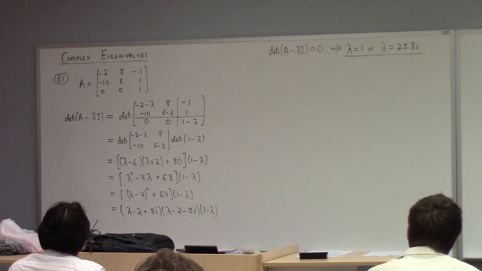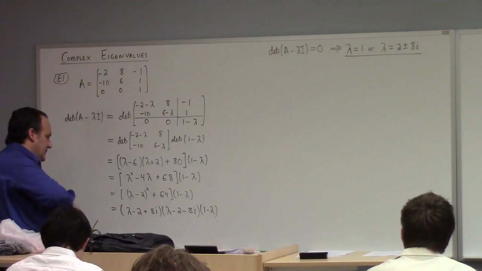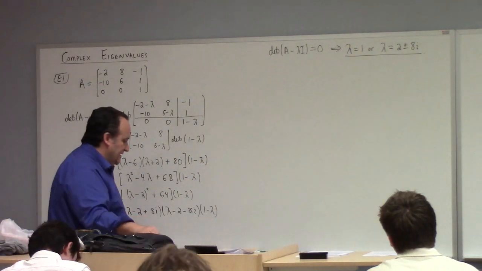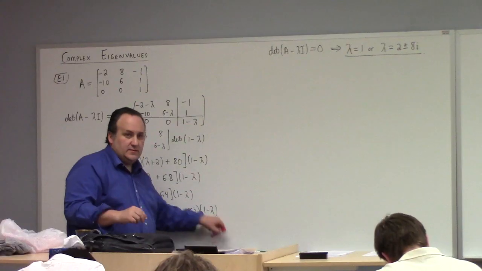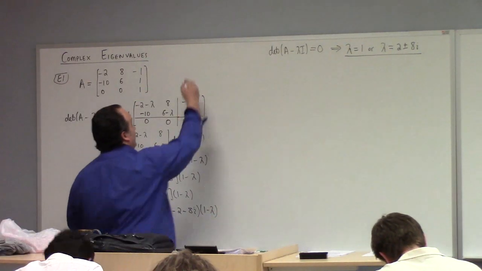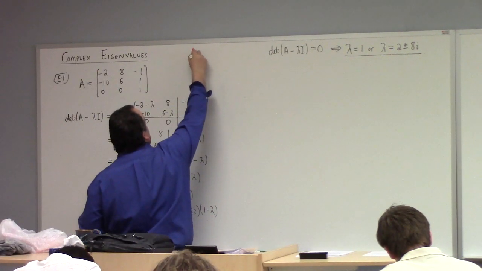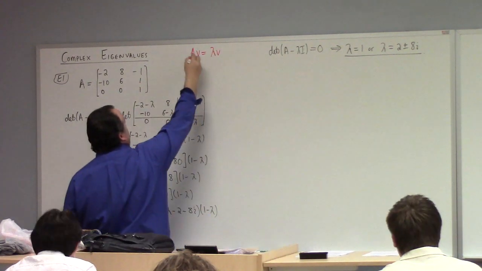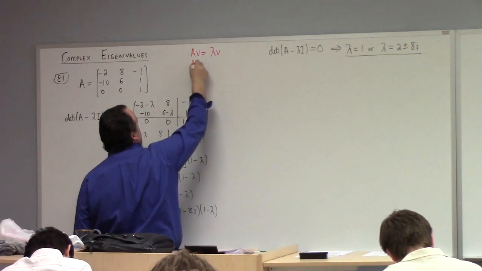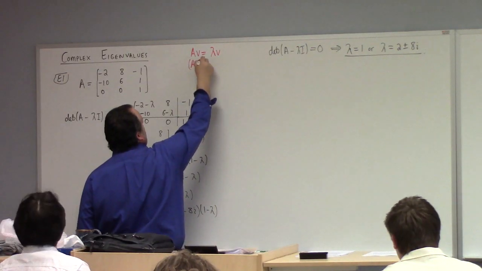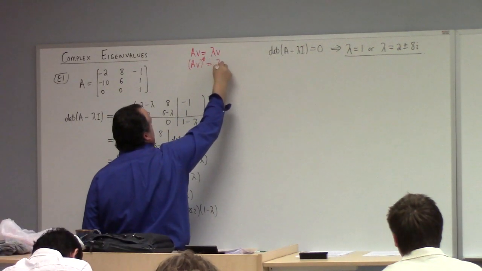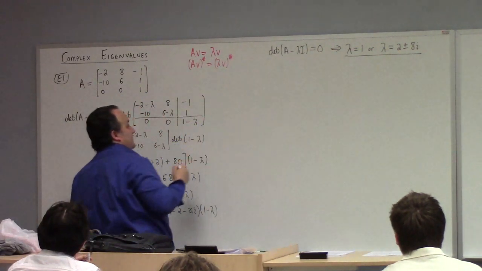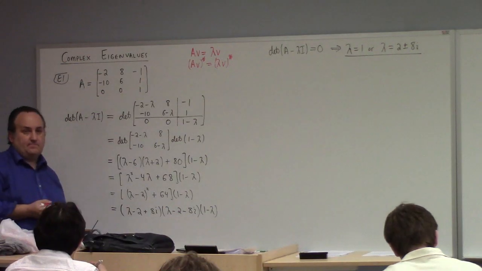Just a reminder, when the eigenvalue is complex and the matrix is real, like this one, if we have A times v equal to lambda v, right? If I take the complex conjugate of that, you guys know what complex conjugate is? That means that every place there's an i, we replace it with minus i, right?